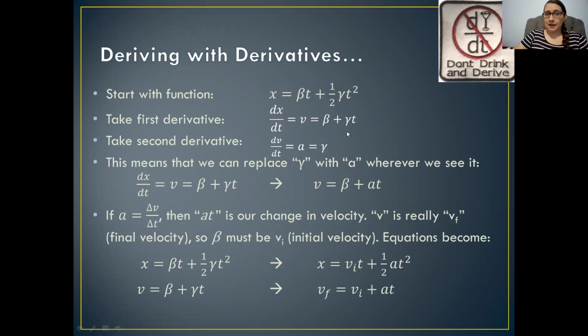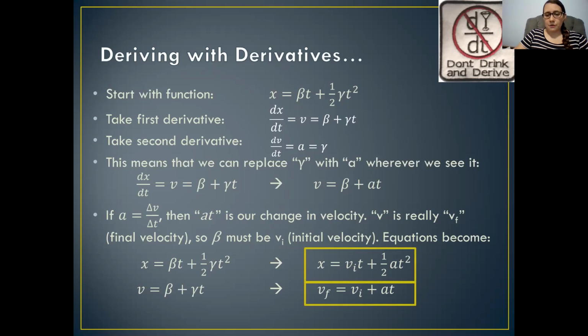Because that has both beta and gamma as well. So we plug those in there. Final velocity equals initial velocity plus acceleration times time. Whew. Those are two very important equations for figuring out the motion of an object, how its position is changing with respect to time, and how its velocity changes with respect to time when there's an acceleration.